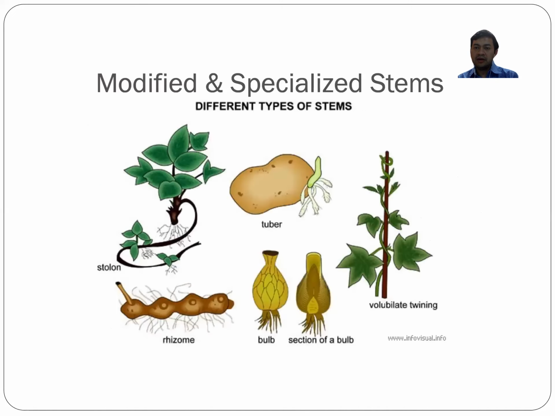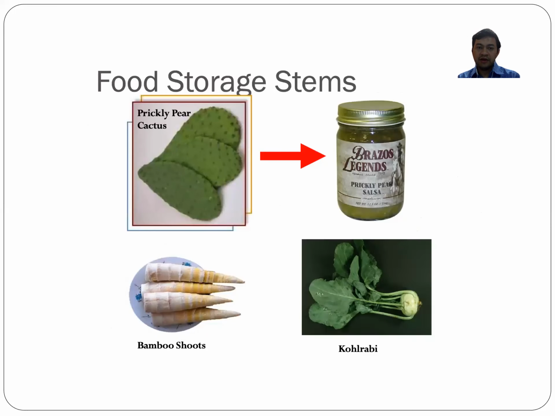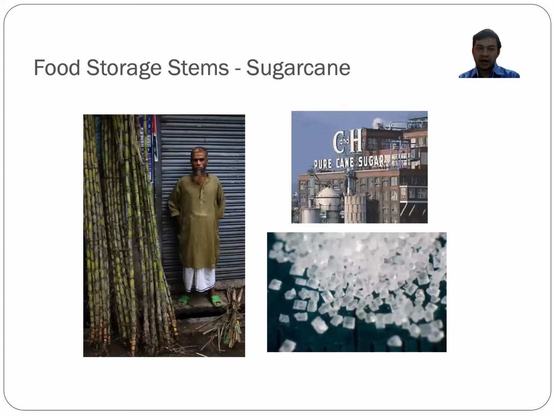And then we continue to the modified and specialized stems. We can see the different types of stem here. The function is for food storage. Examples are the cactus, the bamboo, and also kohlrabi, like pak choy.